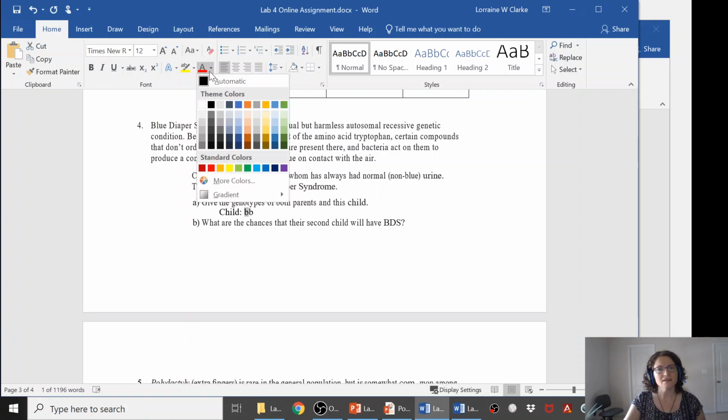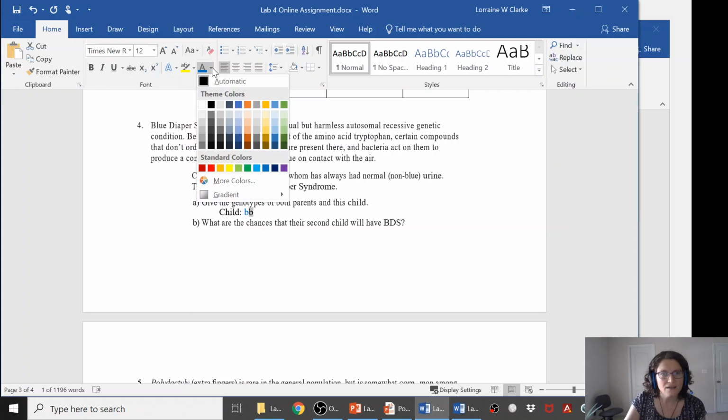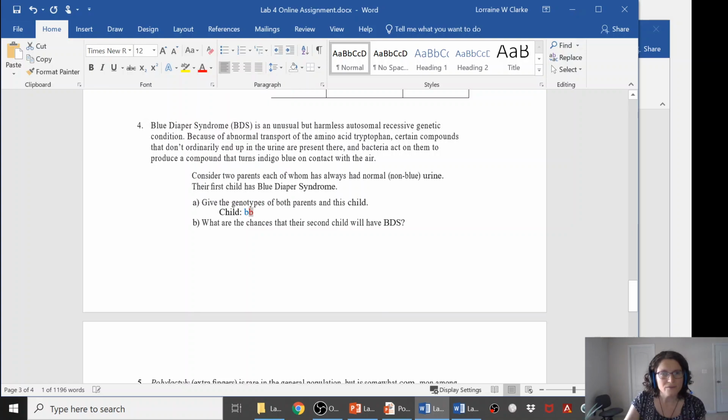Let me just highlight these to show you that this one's from dad. And this is from mom. Okay? Let's make this one red so that you know that this is mom, okay? What does the mom have? She has to have at least one copy of the dominant to express dominant, which is no blue diaper.